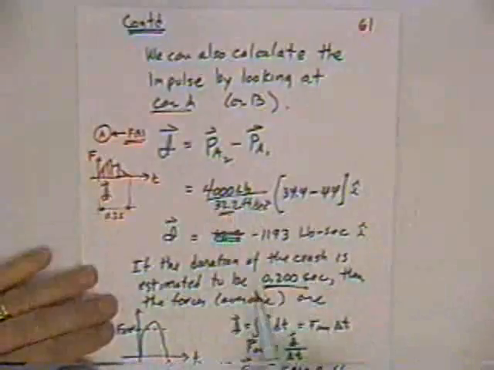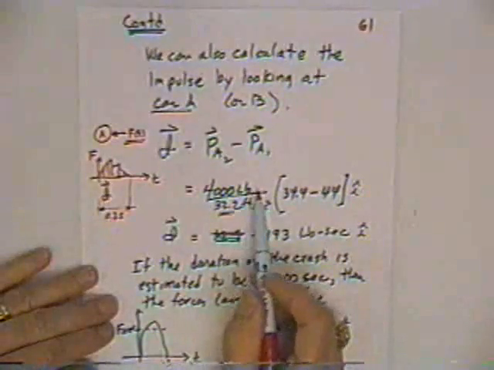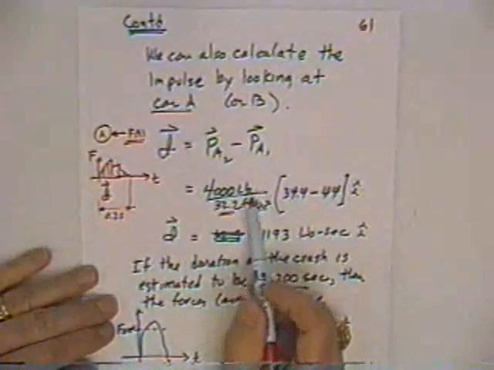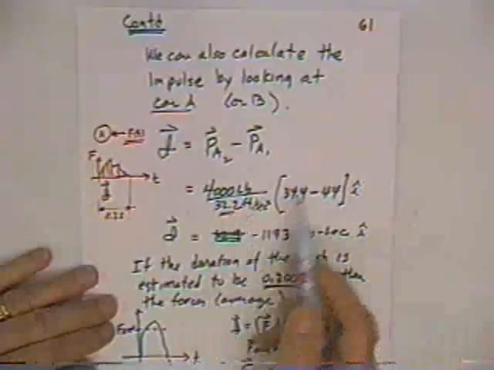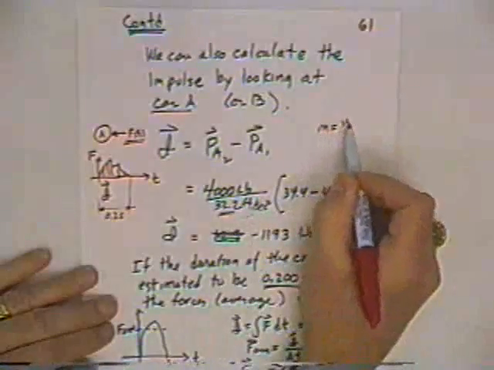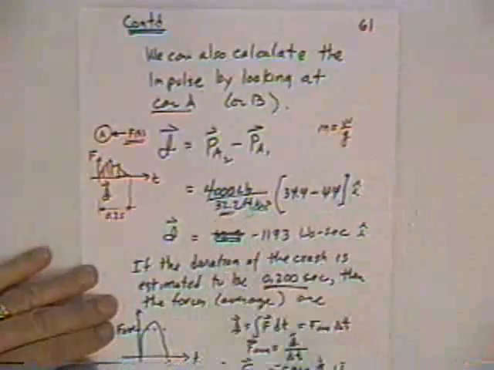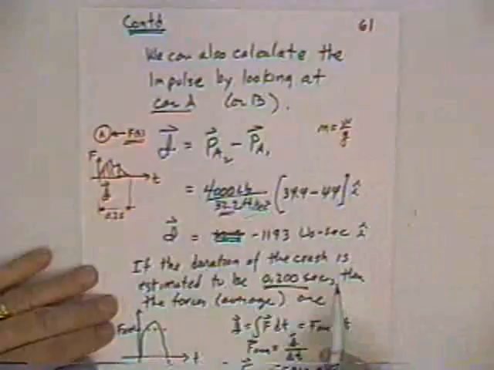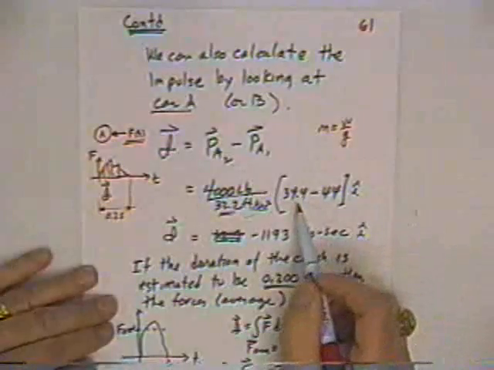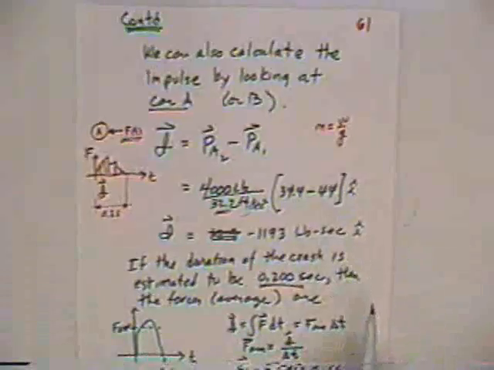Here, I didn't forget my units. I took the 4,000 pound mass of the car, really it's a weight of 4,000 pounds, and I divided by g, so that the mass is W over g, in slugs. 4,000 pounds over 32.2. I never actually wrote slugs, but that's the mass in slugs, times the final velocity minus the initial velocity.